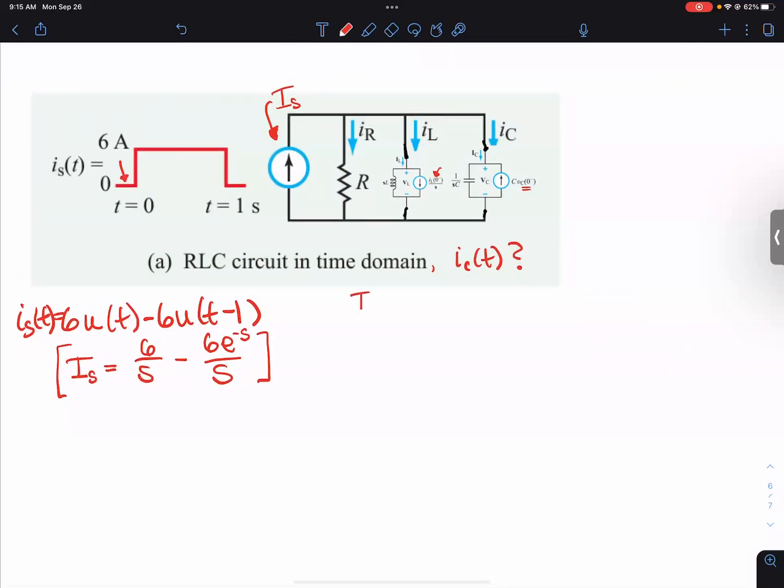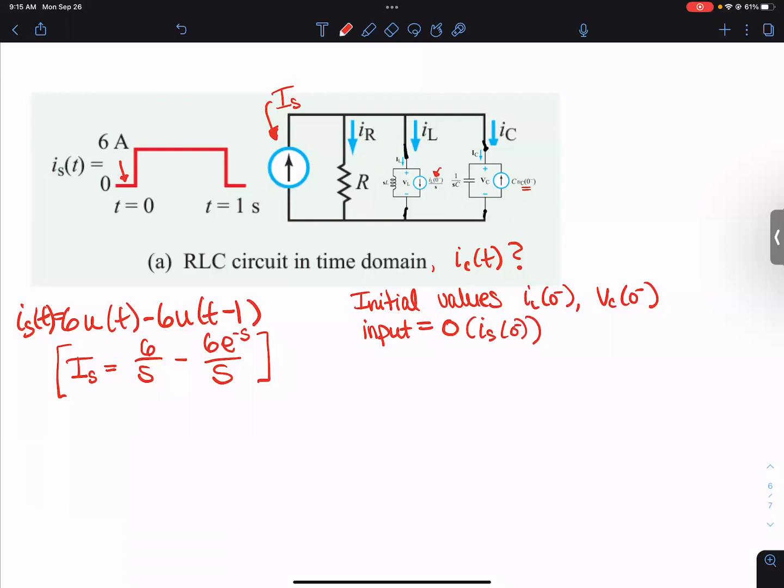So for finding those initial values, you look at the input signal and look at it right before it changes at 0. So in this case, that input would be 0. And so if that's 0, what does the circuit look like?